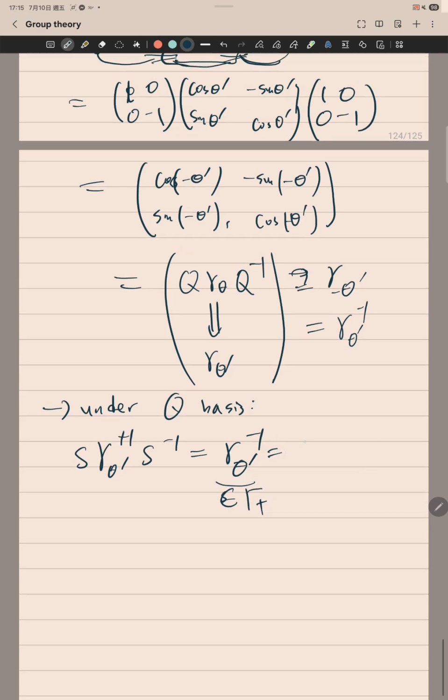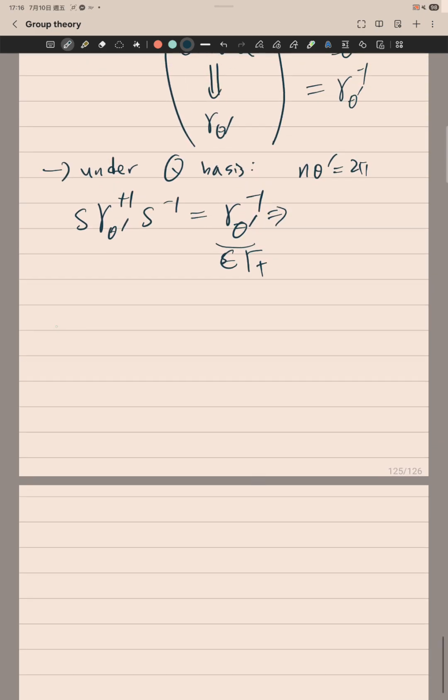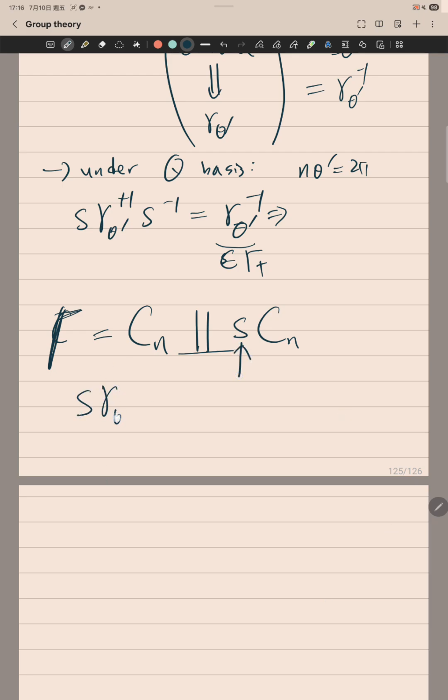So it still satisfies n theta prime being just 2 pi. So now under this Q basis, the whole group G, or this gamma, is basically Cn disjoint union with S applied on Cn. But now this S satisfies the property S R theta prime S inverse is just R inverse.